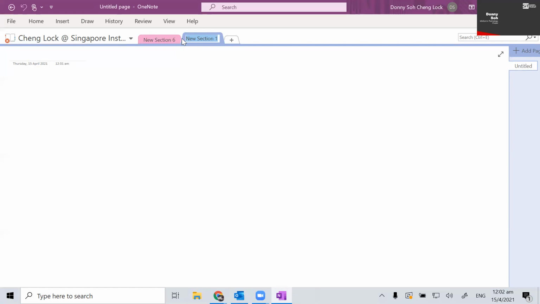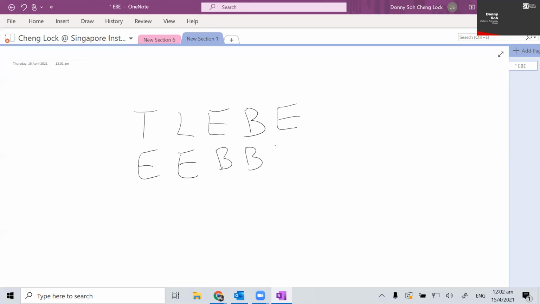So let's say I'm going to be matching T, L, E, D, E, and then let's say a good example, E, E, E, E, E. So this is my haystack, and this is my needle.